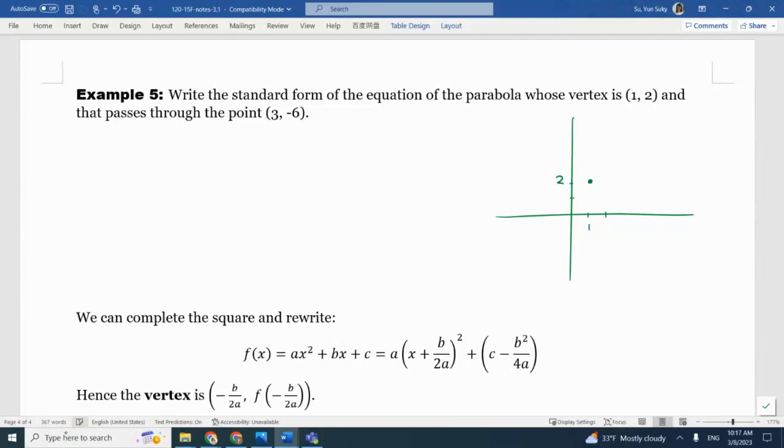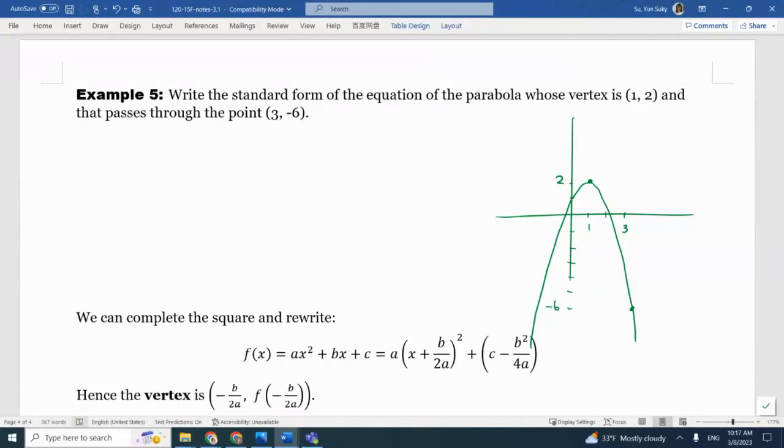It passes through (3, -6). So it is kind of like that. Can you imagine, everybody? We have the vertex (1, 2), and it passes through the point (3, -6). Okay? So we can draw the graph, and it gives us an idea about it.